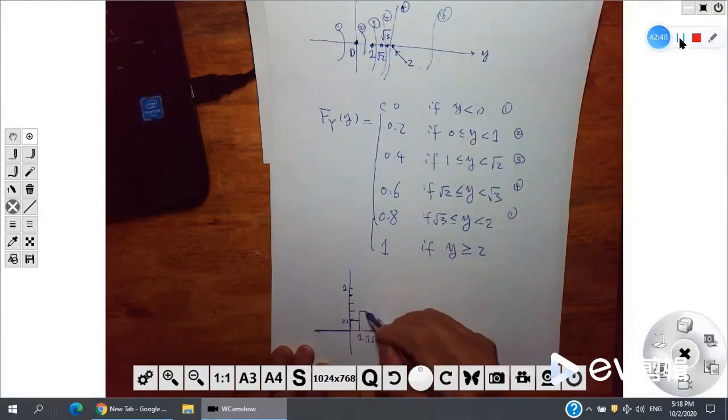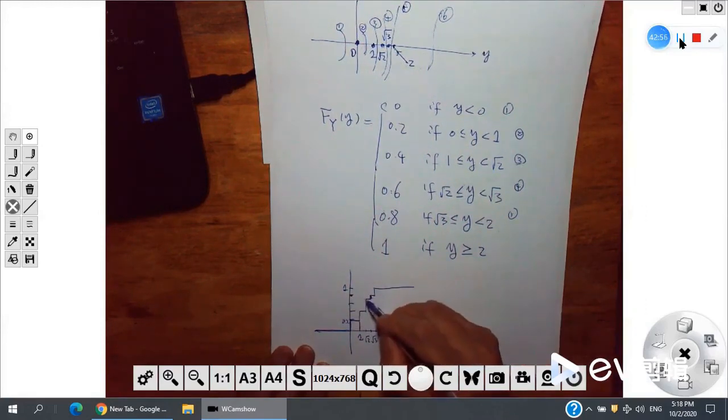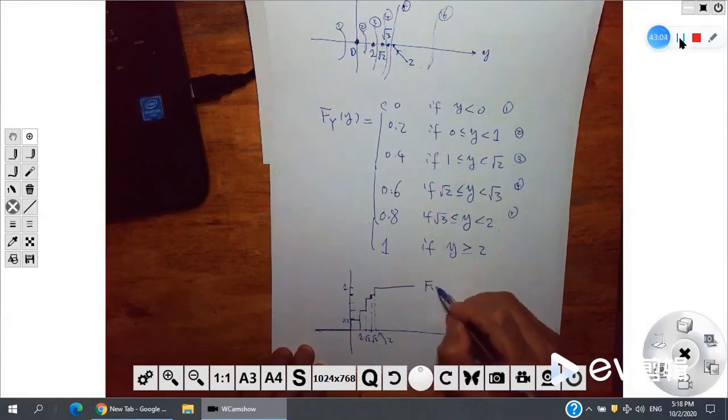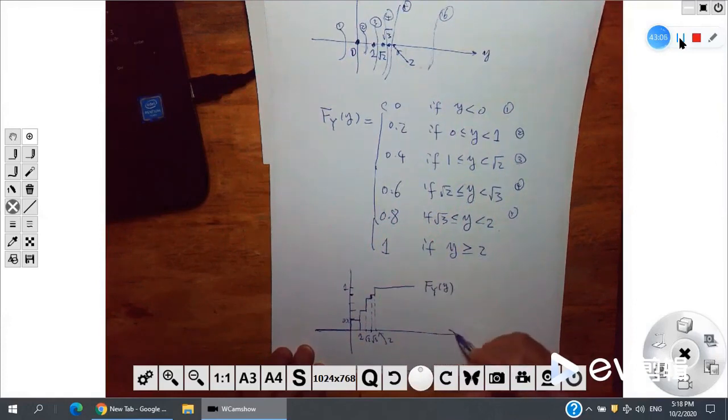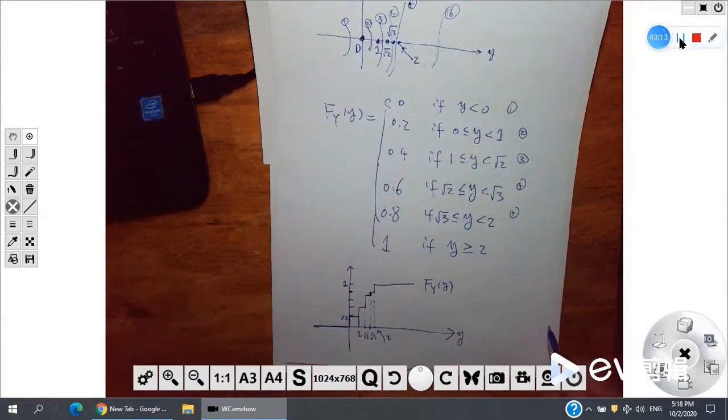So it's like this. And this is F_Y(y). The x-axis is y. Right. Here we have this. Okay.